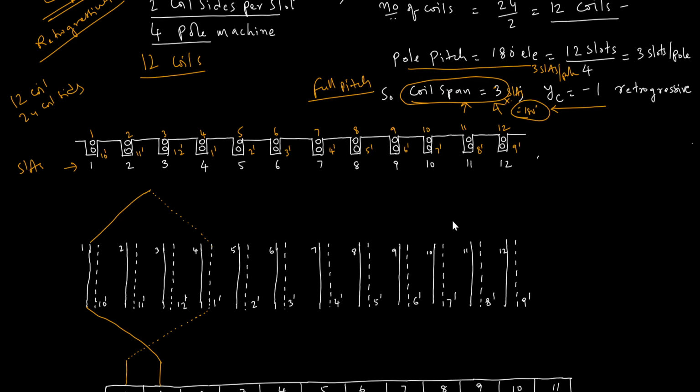The upper layer coil side is numbered 1 to 12, and for a full pitch the coil span is 3. So if one side is placed in slot 1, the other side should be placed in 1 plus 3, that is the fourth slot bottom.